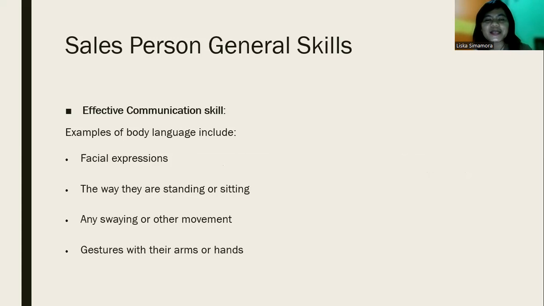So body language examples. First, facial expression. If you're happy, express it through your face. If you're sad, if you feel sympathy, express them through your face. And the way they are standing or sitting. So people can see whether we feel comfortable or not through our standing or sitting gesture.